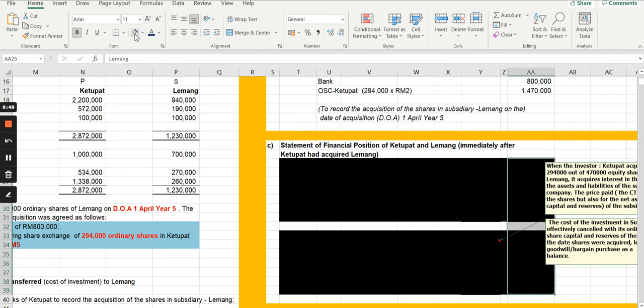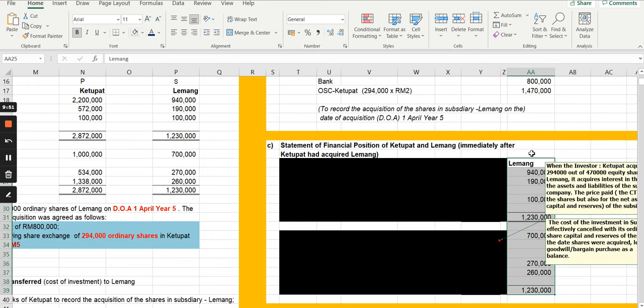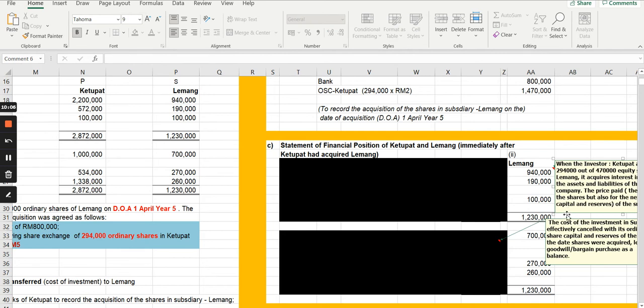This is the answer for number 2, right? So I put there 2. It will be the same. Why is it the same? Since there were no transactions that happened in Lemang, because whatever happened in Lemang should be recorded by Lemang.